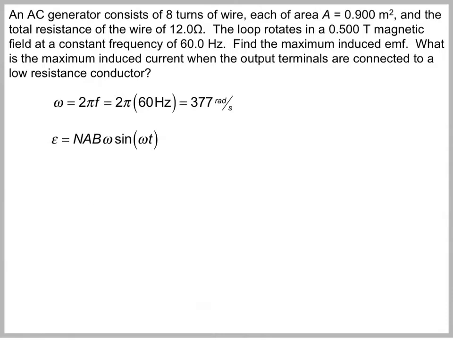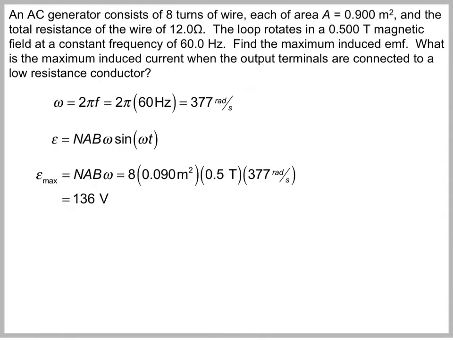In this case we plug in 8 turns, our area, the magnetic field, and omega, and we get 136 volts. The maximum current is going to be the maximum voltage over R. So 136 volts over 12 ohms, we get 11.3 amps.